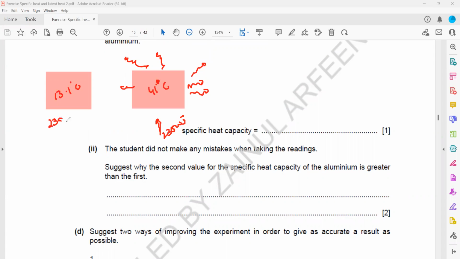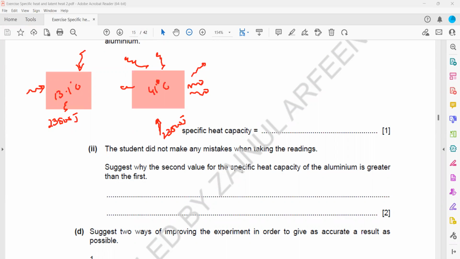Whereas in the first one, 23,800 joules is supplied while the block is at low temperature, and room temperature might be 25, so it will absorb energy from the surrounding rather than losing energy. So the second block was losing a greater amount of energy to the surrounding. That's why its temperature change was small.